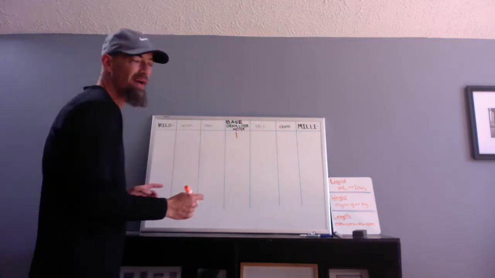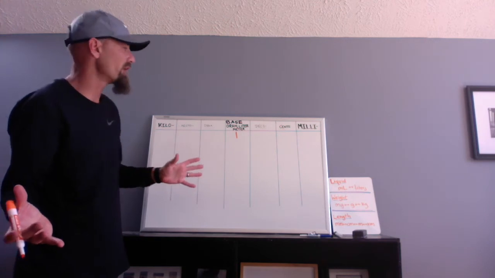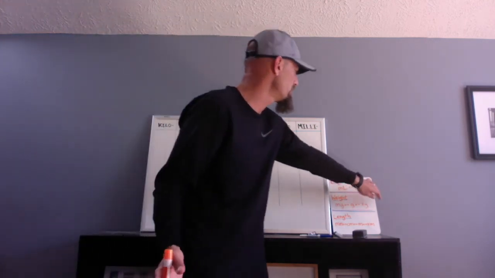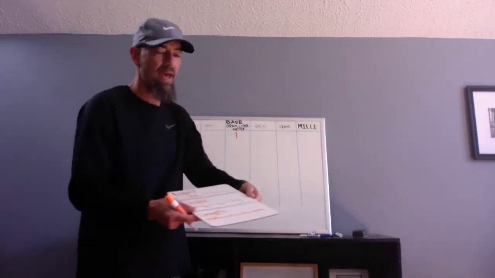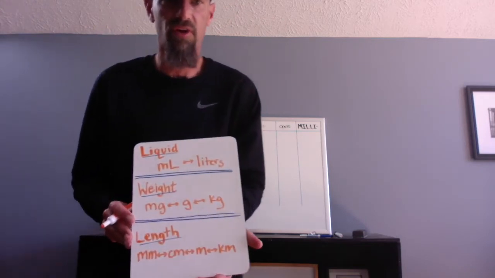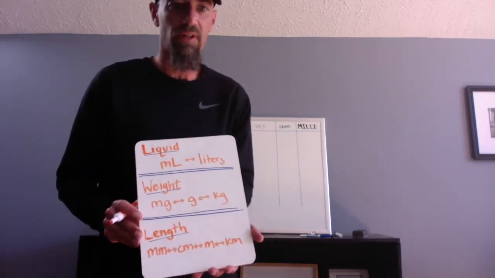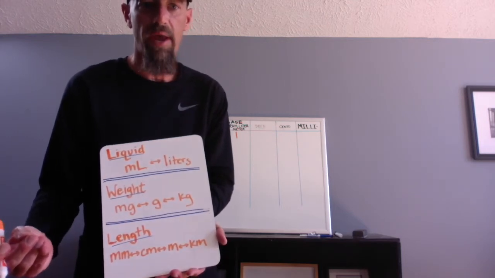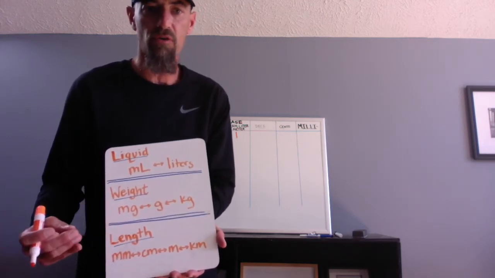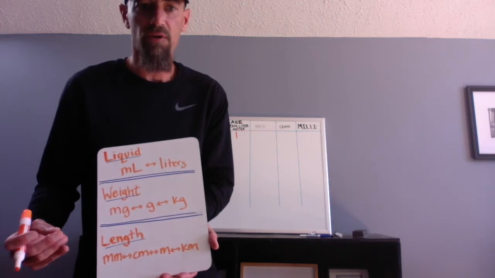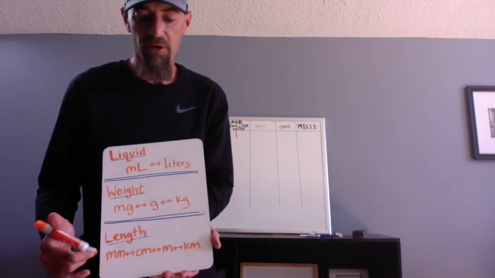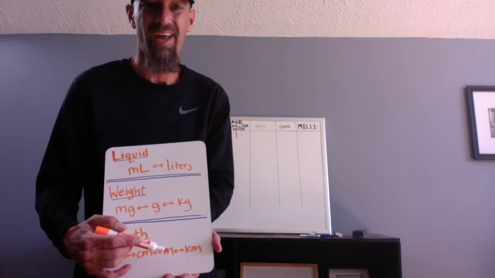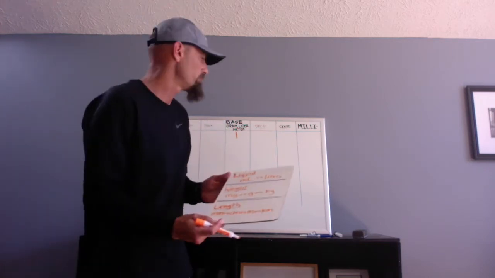There's a centigram, but people don't really use centigram. The ones that we're going to focus on today and in the big picture: for liquid measure, the milliliter and the liter. For weight, the milligram, the gram, and the kilogram. And for length, millimeters, centimeters, meters, and kilometers.